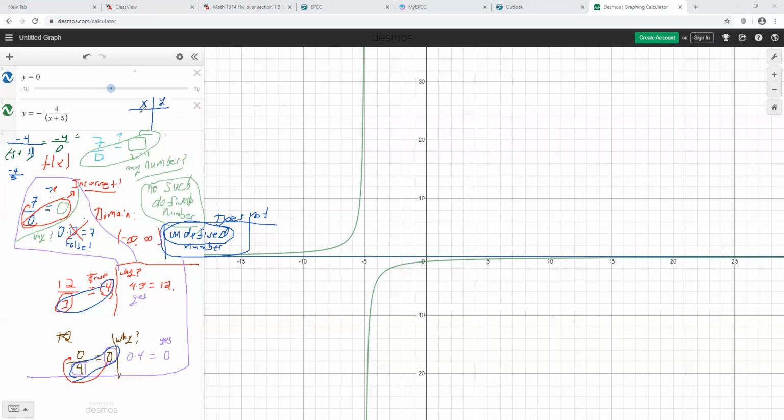What number when we put in for x, like if we put a 0 in, we get 0 plus 5, which is 5, and then we would have -4/5. That's okay. That's a number. And that's the same thing as -0.8.